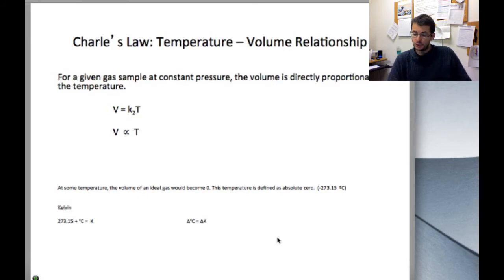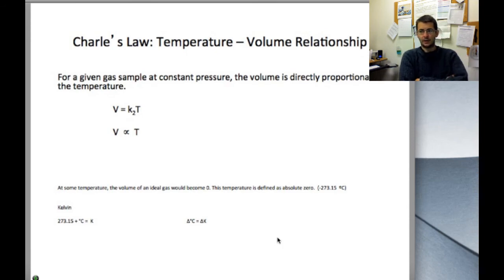Now, before we get too crazy, let's continue on and talk a little bit about the temperature. It turns out that one of the early recognized relationships in gases had to do with the volume and the temperature.